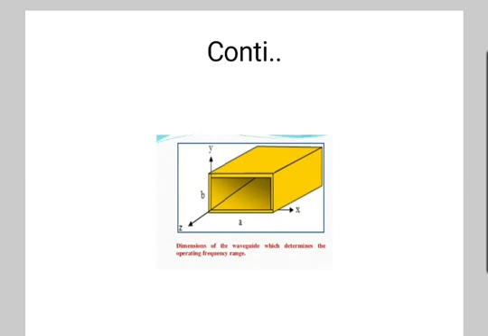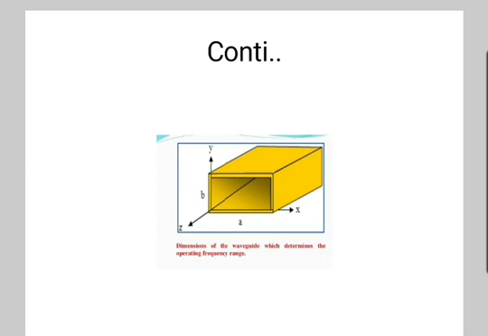There are basically 4 boundary conditions for the TE wave. For a TE wave, Ez is 0, but it has components along the x and y directions. Here Ex is 0 along the bottom and top walls of the waveguide, and Ey is 0 along the left and right walls of the waveguide.